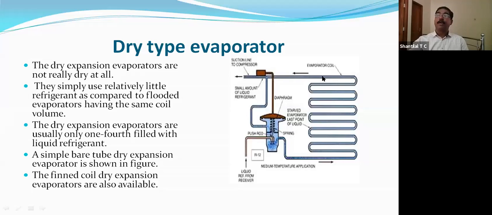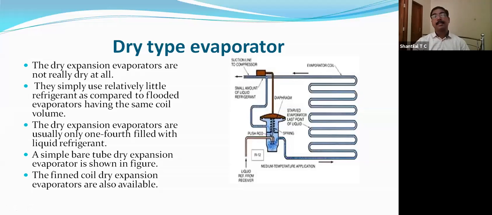Then the vapor refrigerant, which is highly superheated vapor, 100% vapor. Occasionally, a small quantity of liquid refrigerant will also come. If it comes like that, it will collect in the accumulator. Normally the superheated vapor refrigerant goes to the compressor. This is the working of a dry type evaporator.